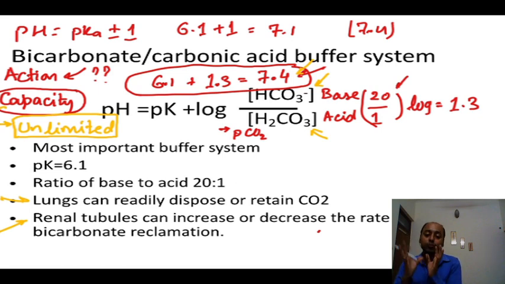Here we don't need to produce the carbonic acid or the bicarbonate ion, only we'll see later what is happening. Reclamation or excretion is occurring because these are automatically being produced in the body. Because of these two factors, best action and unlimited buffering capacity, the bicarbonate buffer system is the best buffering system in the body.